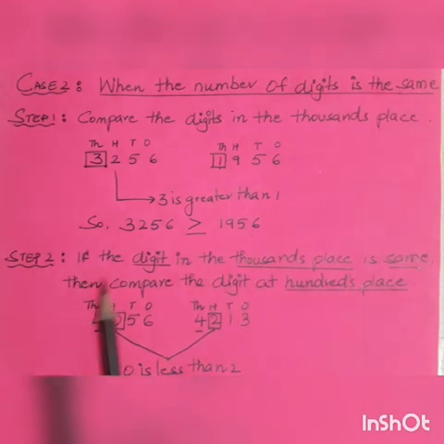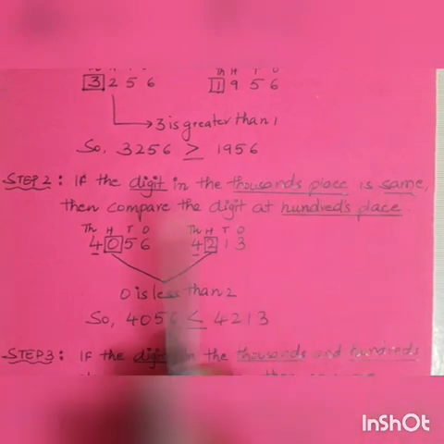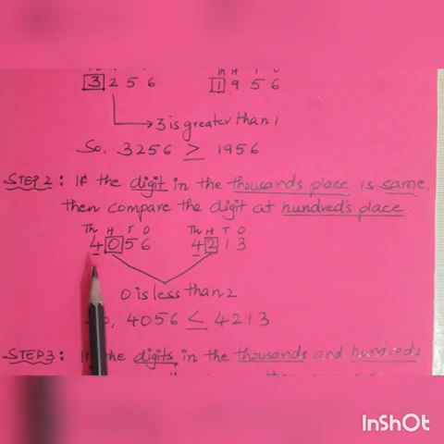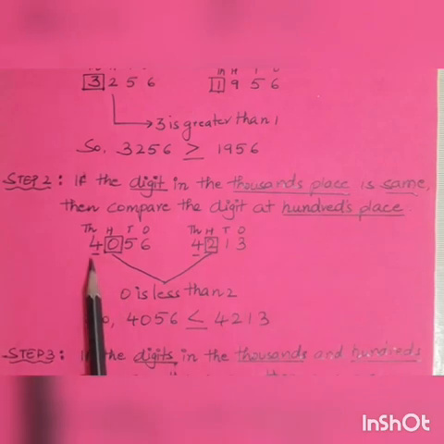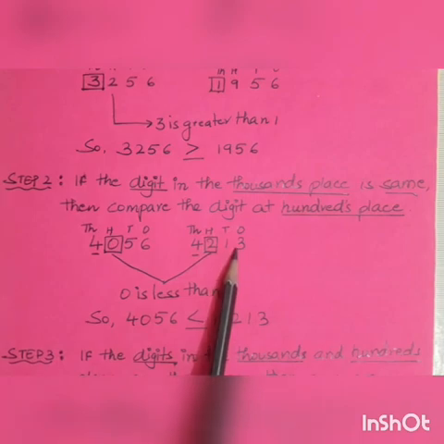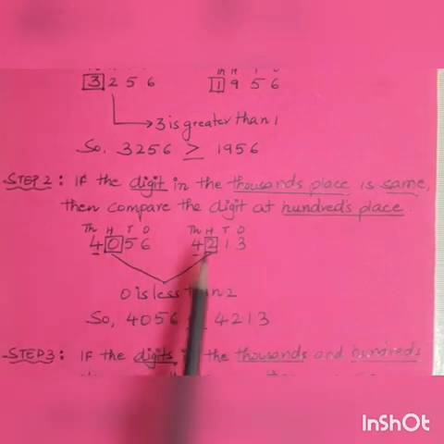In the next step, if the digits in the thousands place is same, then what are we going to do? We are going to compare the digit at the hundreds place. Here on the left hand side I have the number 4056 and on the right hand side I have the number 4230. Here the digit at thousands place in both these numbers is 4.